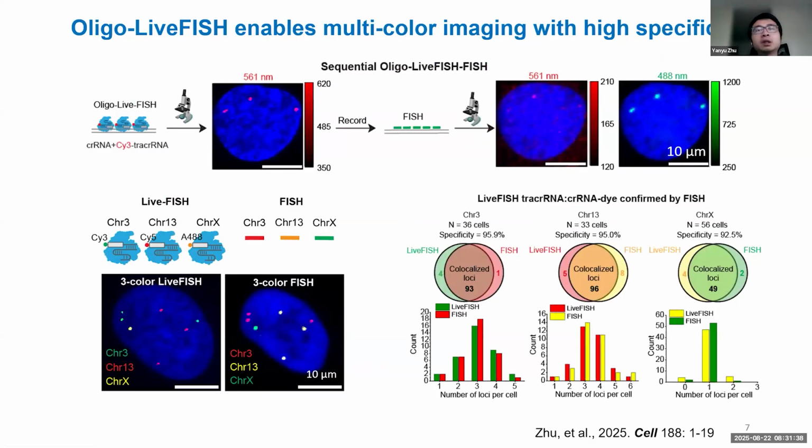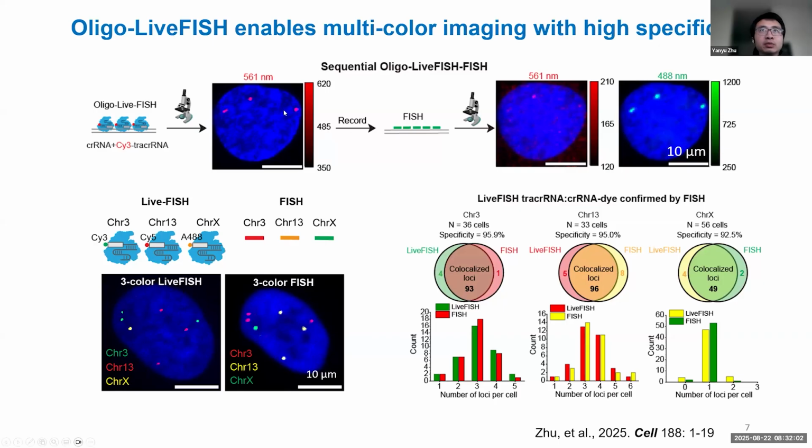Once we have a live cell imaging method, the first thing is to confirm its specificity. We use FISH to confirm the specificity. Because the harsh condition of FISH might disrupt the live FISH signal, we use this sequential live FISH method. We put the cells on a gridded coverslip so that we can find the same cell after FISH.